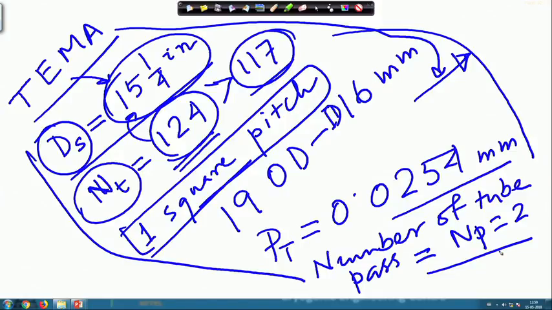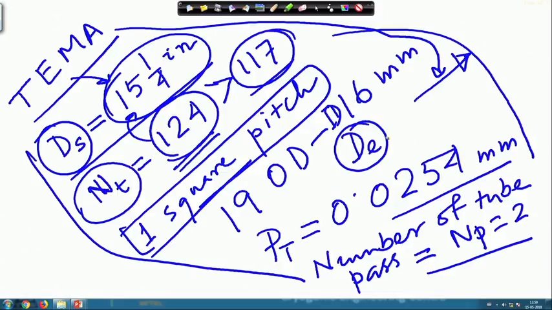Accordingly, we would be able to calculate the pressure drop and the heat transfer coefficient as we have suggested in the previous slides, on how to estimate the heat transfer coefficient depending on the d_E value.